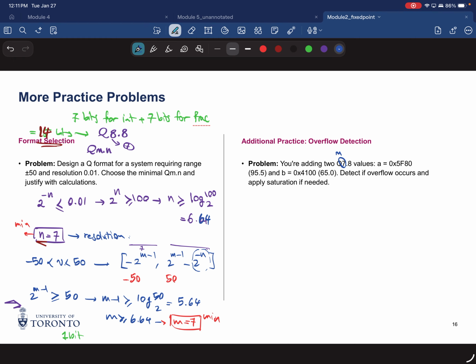But as a rule of thumb, if you add M and N and the total is one less than the standard sizes like 8, 16, or 32 bits, then it doesn't include the sign. For example, 7 plus 8 here is 15 bits, so you're free to assume the sign bit is not explicitly included.